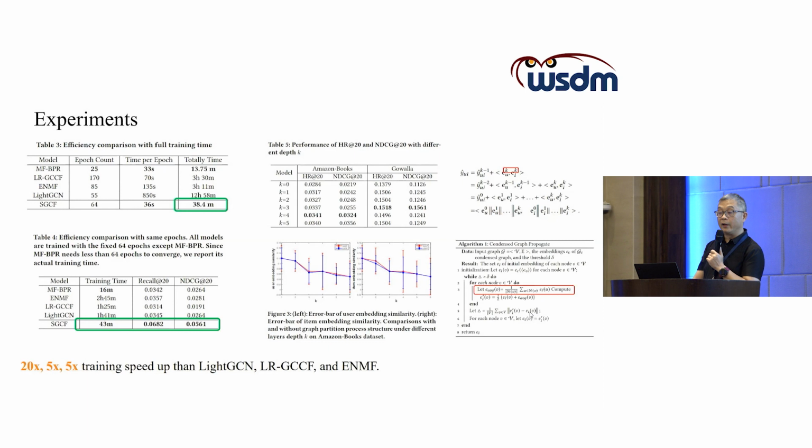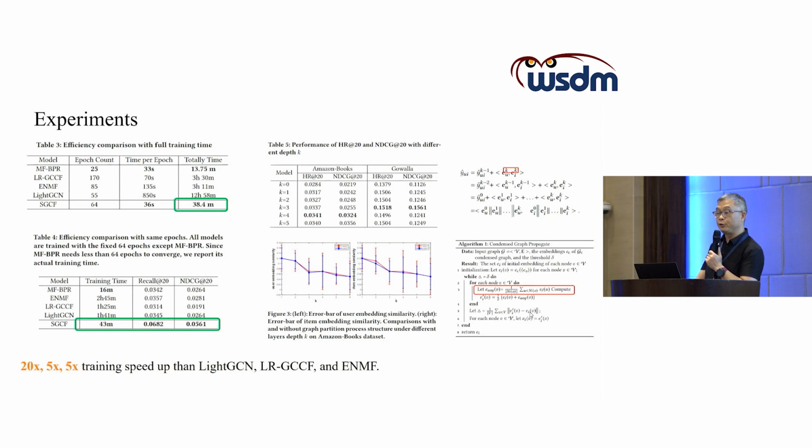We compared our SGCF approach with 3 representative algorithms from the 3 types of baselines, using the epoch count, the time per epoch, and also total time. From here we can see our model always achieves the best performance compared with the others.